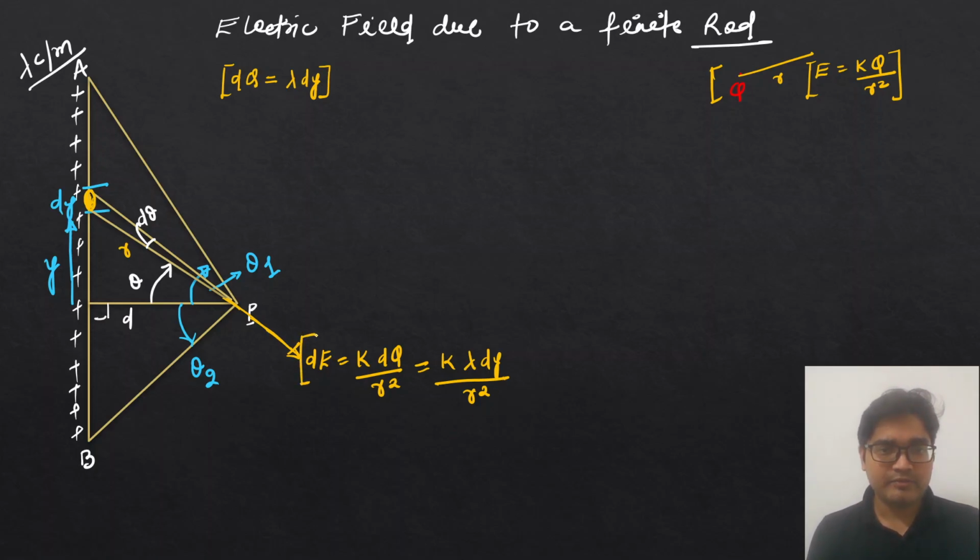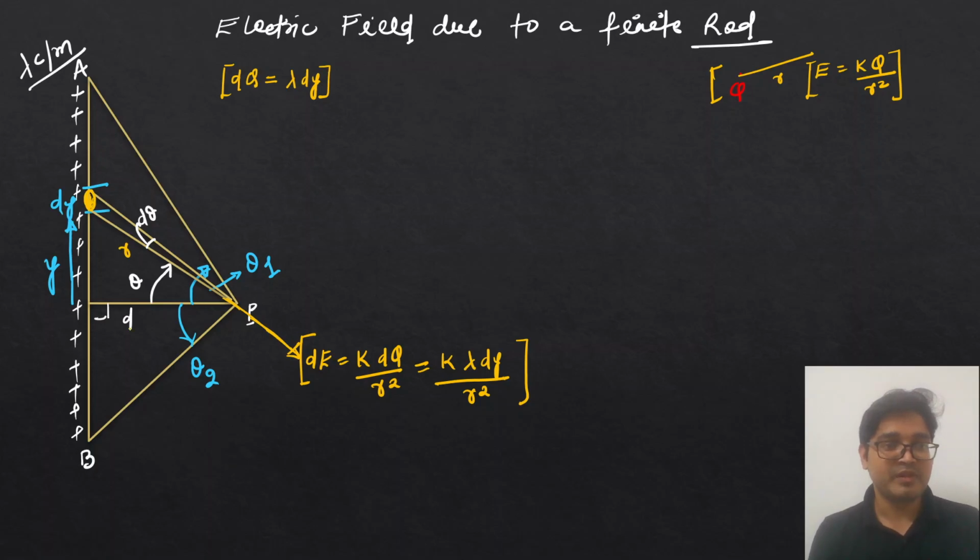Now look at the value of dE closely here. It is depending upon two variables, y and r. See, if you change the location of this point charge, let us suppose this point charge is here instead of here, both y and r will change, right? So what I will do next is convert both dy and r in terms of a single variable theta.